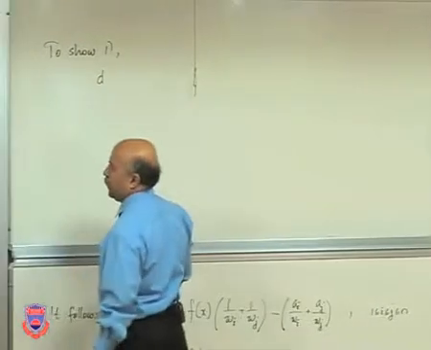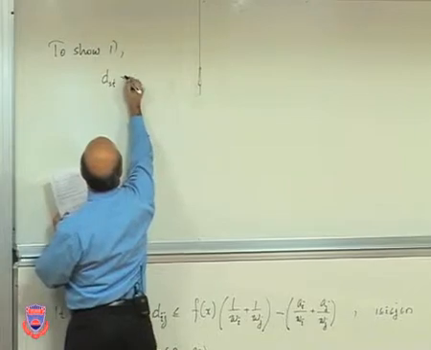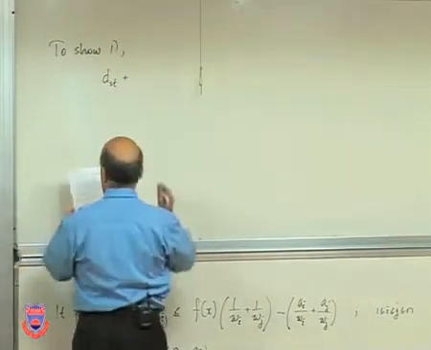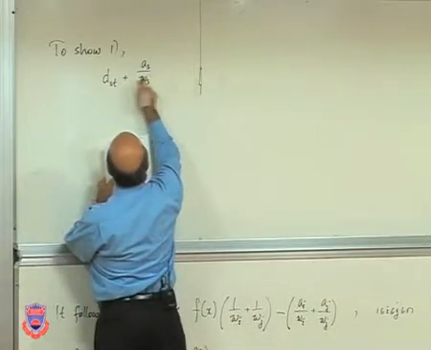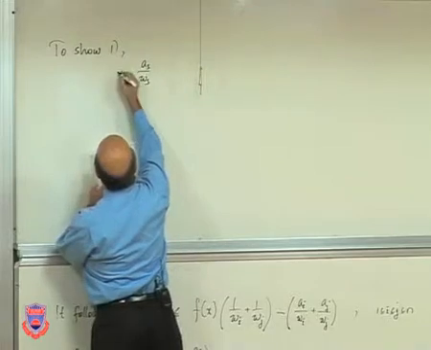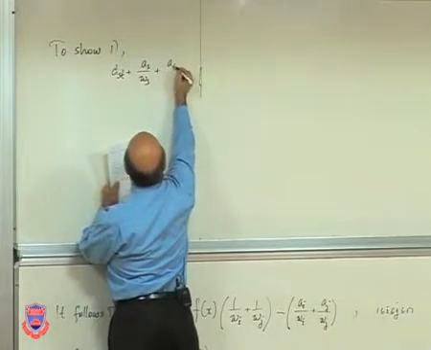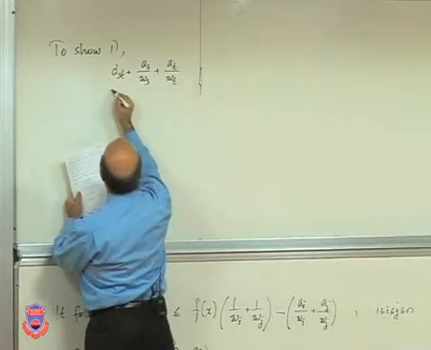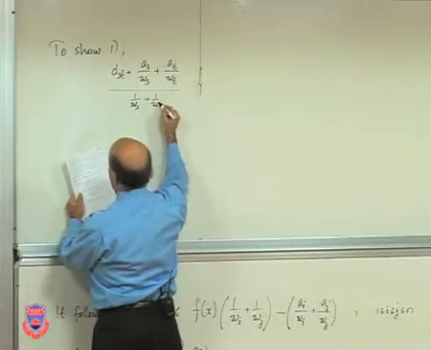I'm going to begin with dst plus as over ws plus at over wt divided by 1 over ws plus 1 over wt.